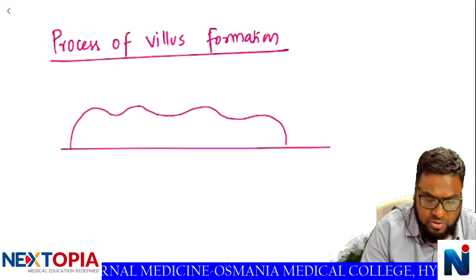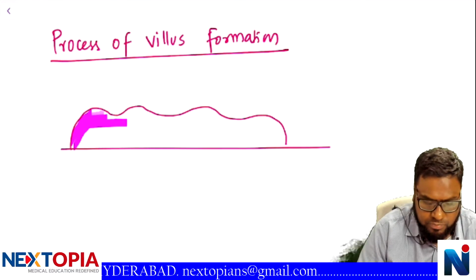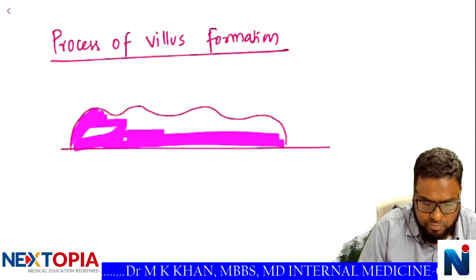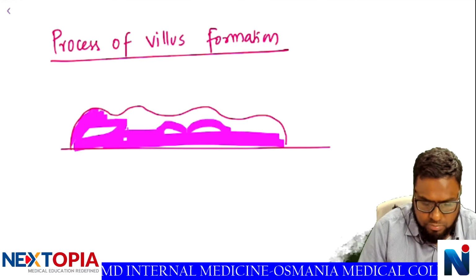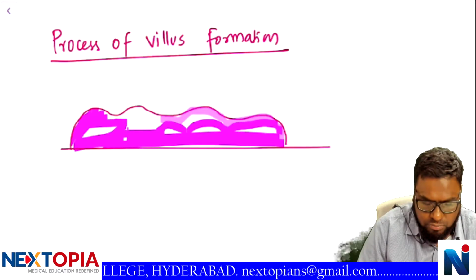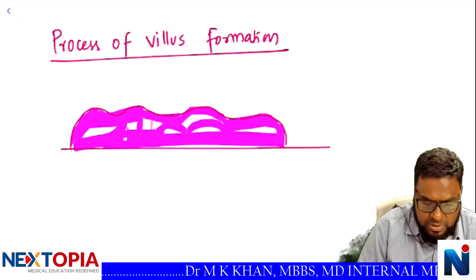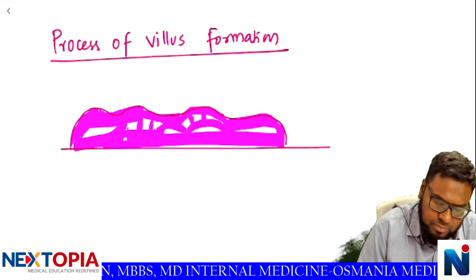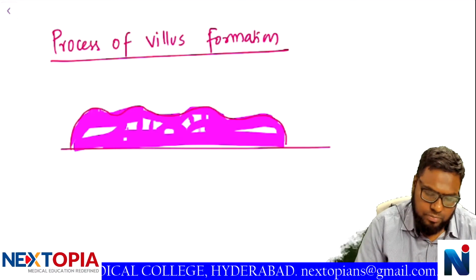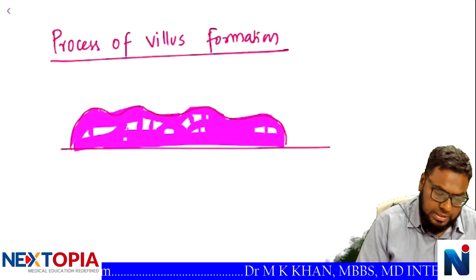In the syncytiotrophoblast layer, small lacunae and trabeculae are formed like this.